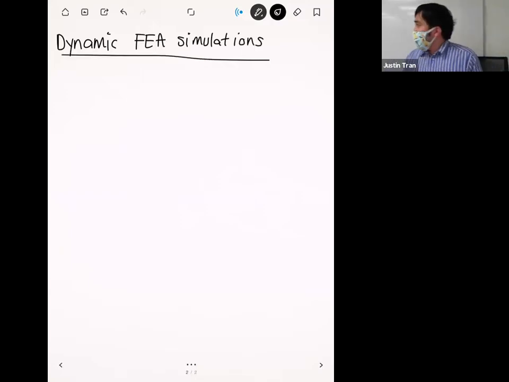Up to this point in the class, we've really just been doing static simulations. Basically, the main thing with statics is that nothing is changing with time.